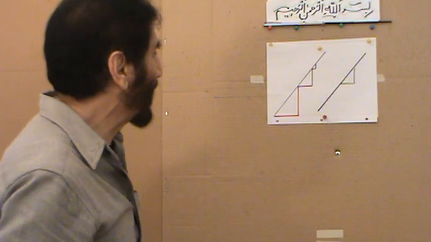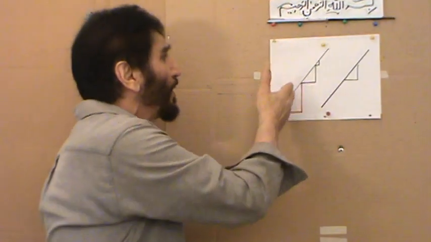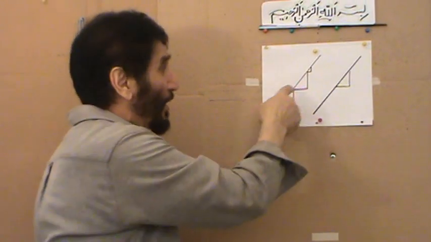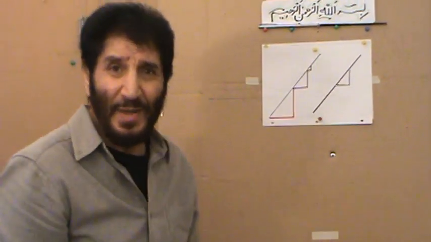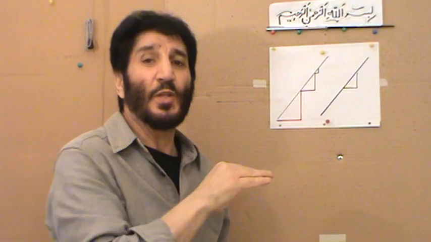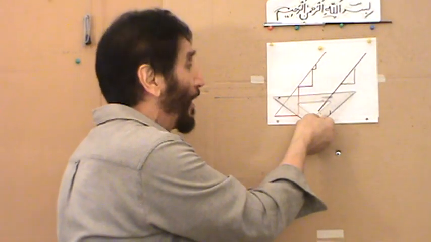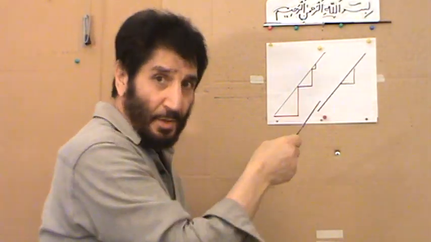We notice that all these lines, they are parallel, they make the same angle with what? With the horizontal axis, horizontal line. So if you draw any horizontal line, the line will make an angle alpha with the horizontal line.